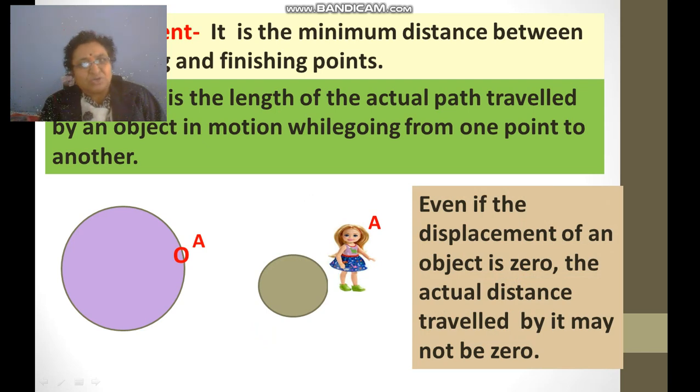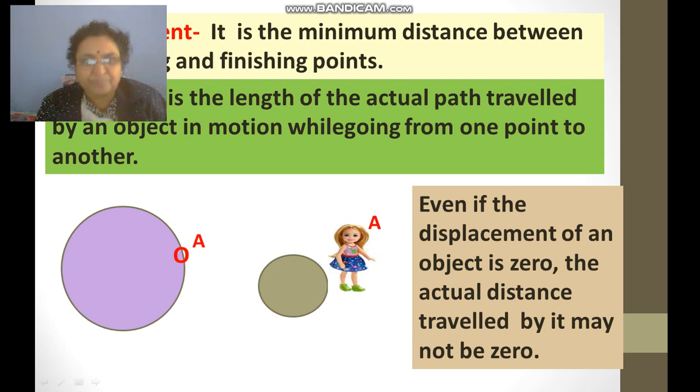So remember students, that even if the displacement of an object is 0, actual distance travelled by them may not be 0. In both the figures we have seen that the point A as well as the doll travel the complete circumference path of the circle, but the displacement is 0 because both reach at the same point, at the starting point.